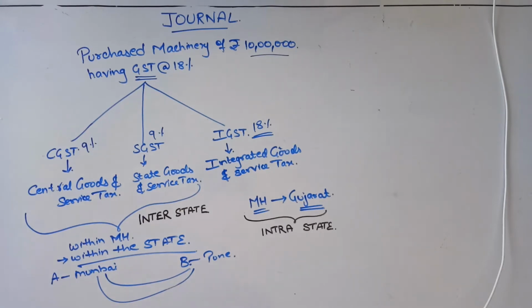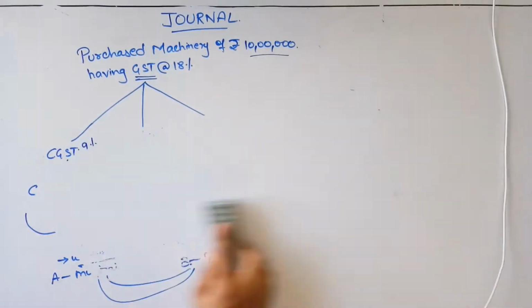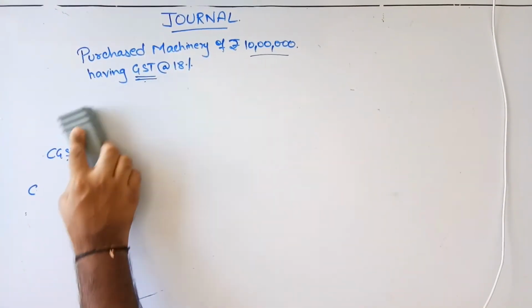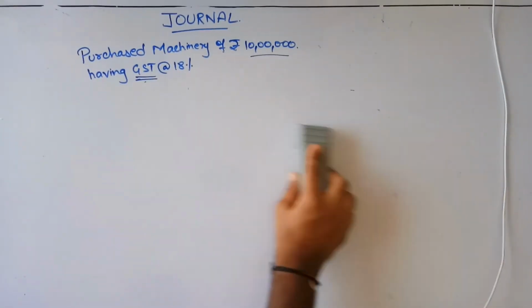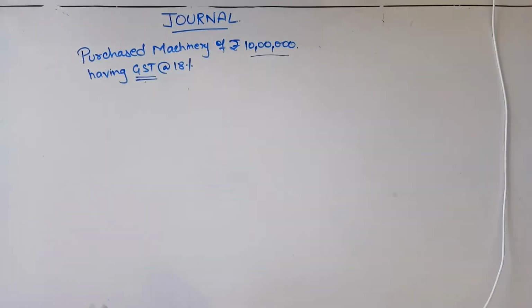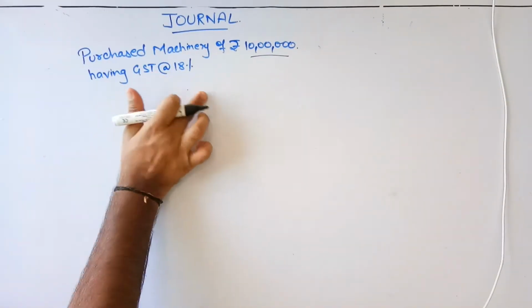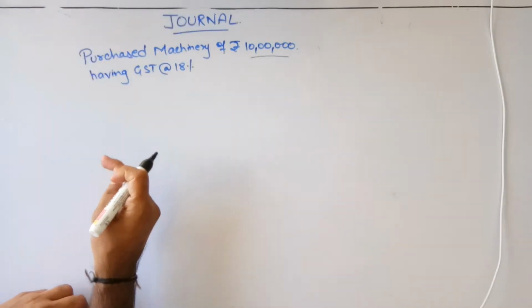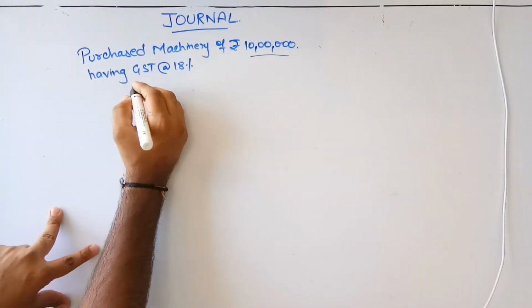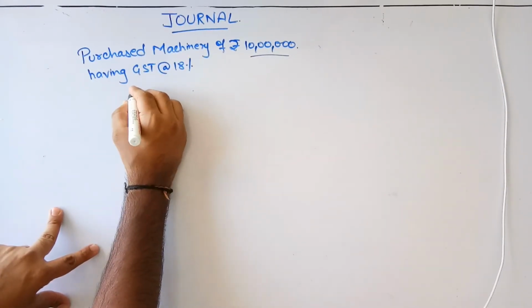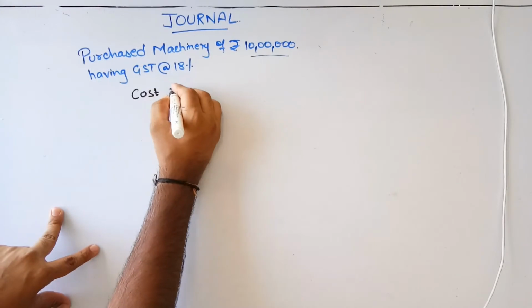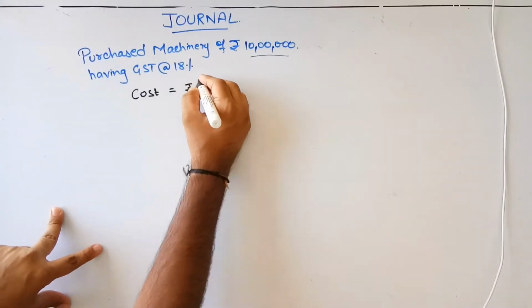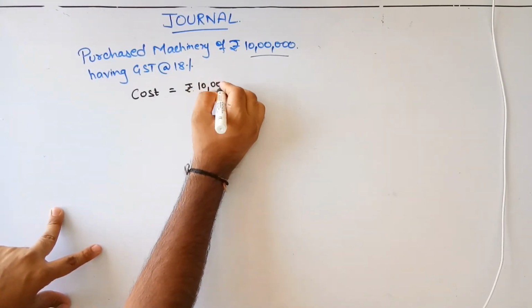Okay, taking this example ahead, we will be calculating over here. If the purchase value is given to us, then cost is equal to rupees 10 lakhs.